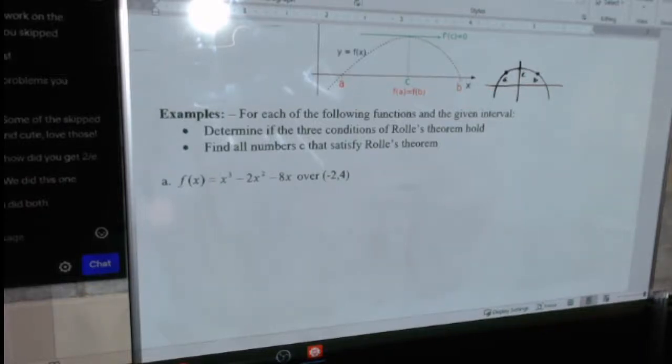So I'm going to plot the function that we have here, which is x cubed minus 2x squared minus 8x. It says from -2 to 4.